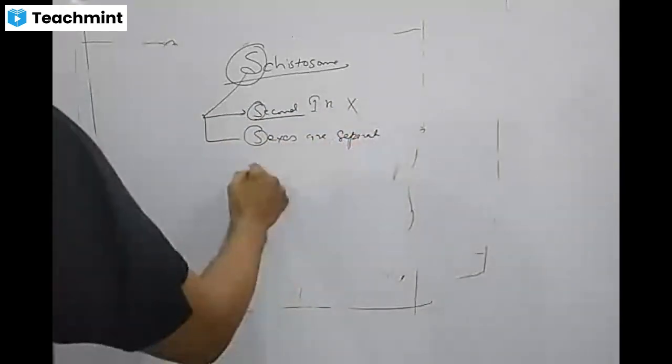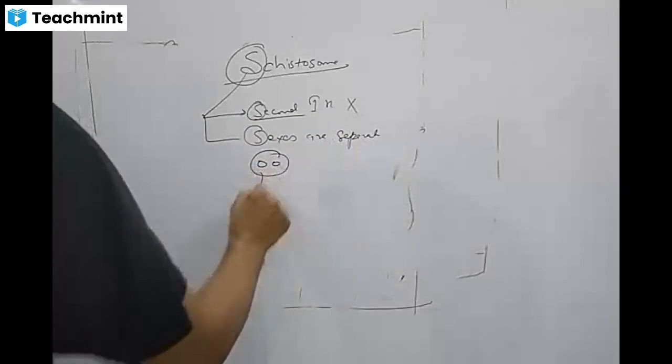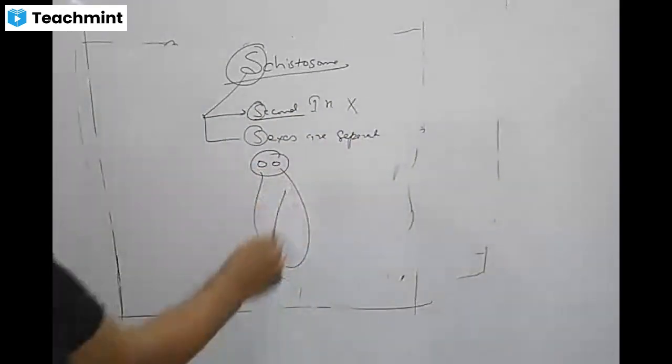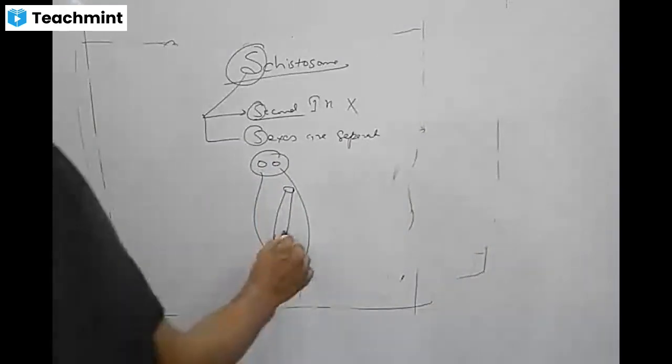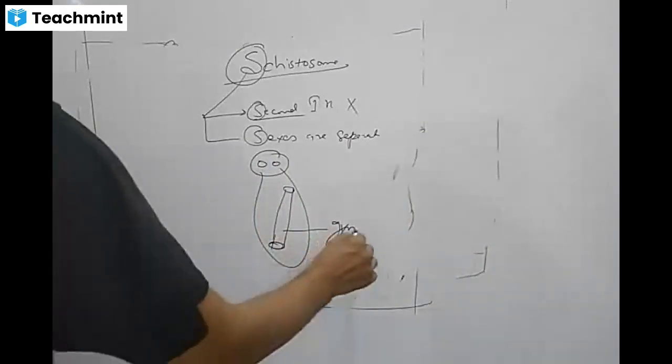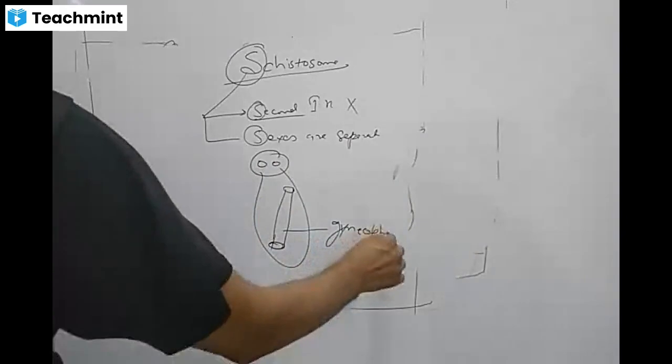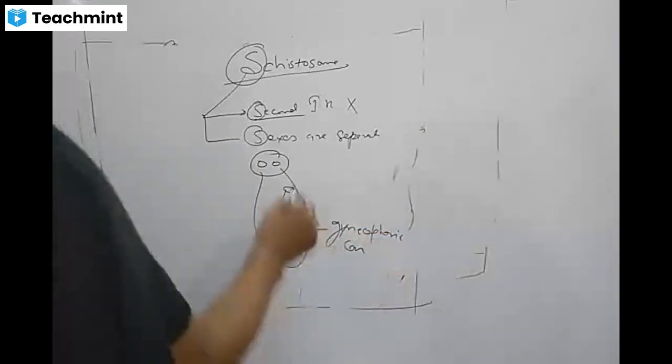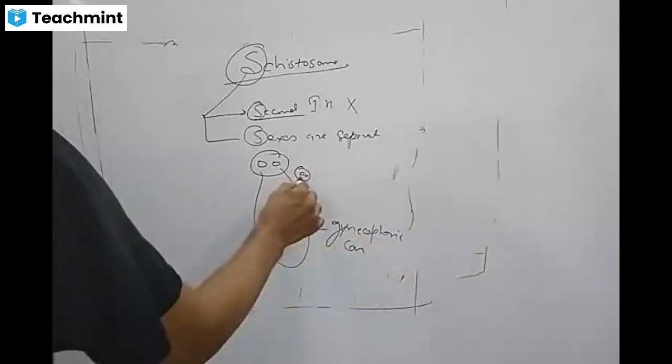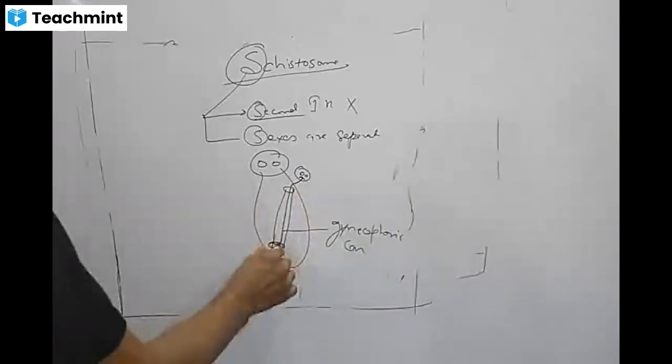This is the male, and it carries one canal. This canal is known as the gynecophoric canal. In this canal, you will find the female.